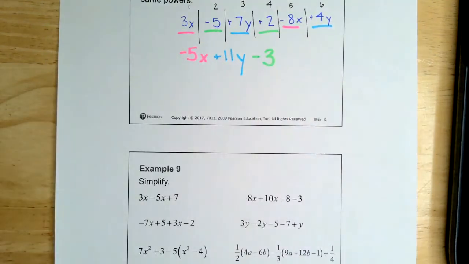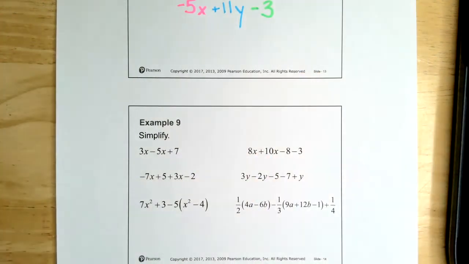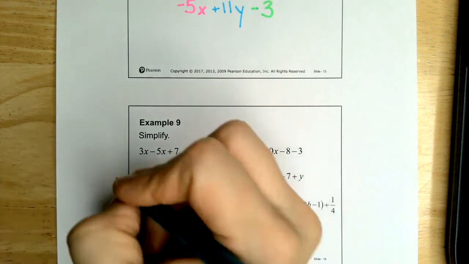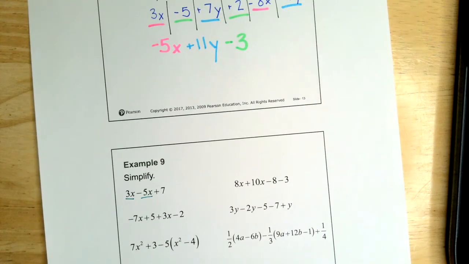All right, so here to simplify, we're just going to combine like terms. First underline the terms and then combine them. Here we have 3x. Always take the sign in front of it.